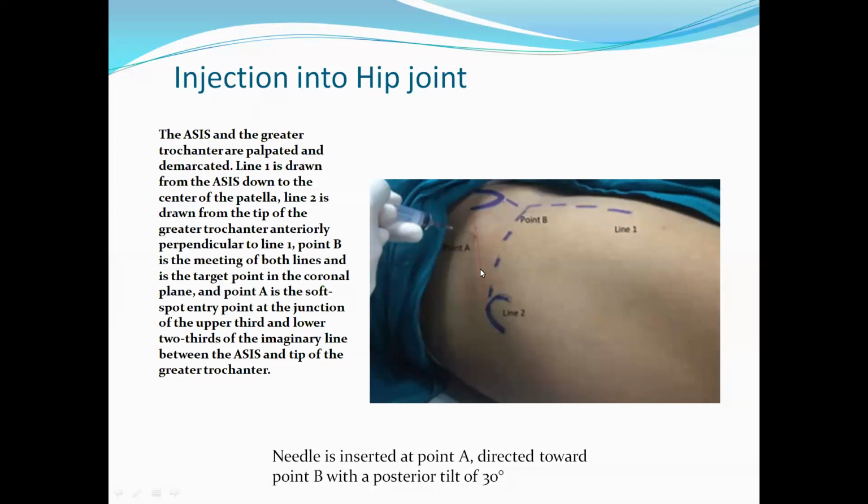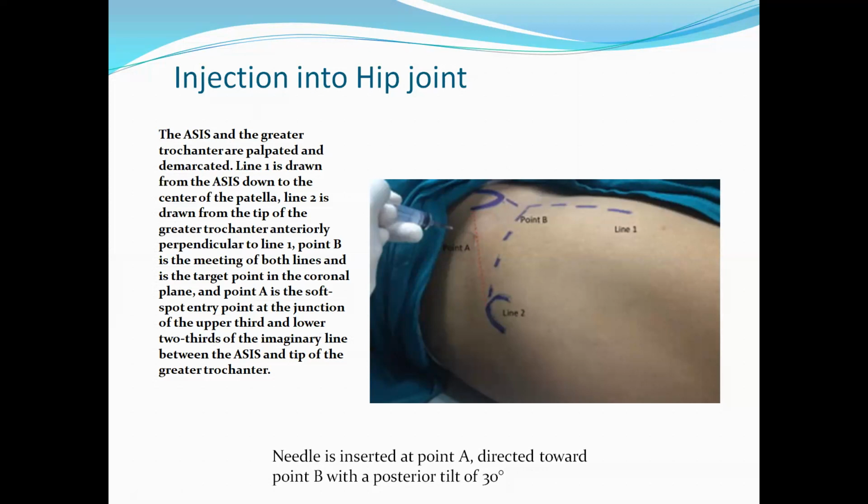On this imaginary line, the entry point would be the junction of the medial 1/3 and lateral 2/3. This is the point of entry of the needle, and the target is point B. So you enter through point A, the upper 1/3 lower 2/3 junction, and the direction of the needle in the coronal plane would be toward point B. You advance the needle till it touches the neck of the femur.